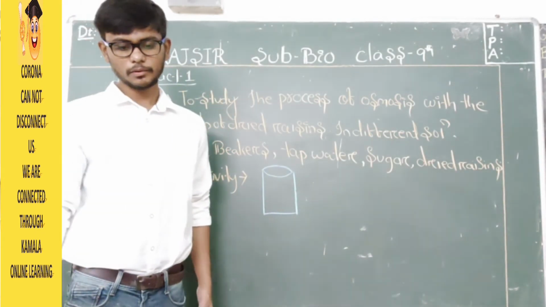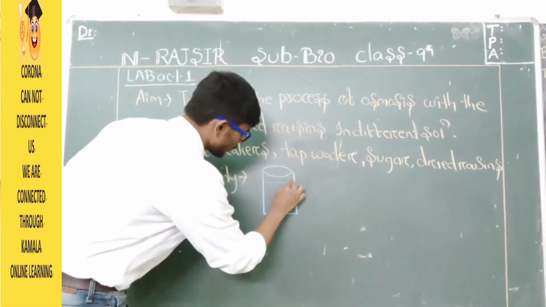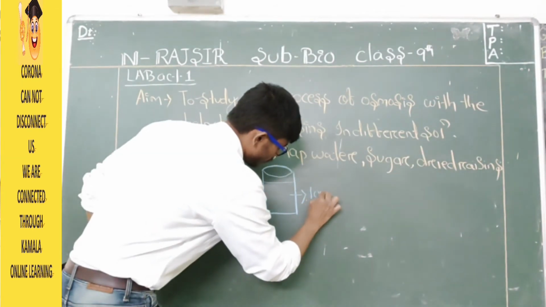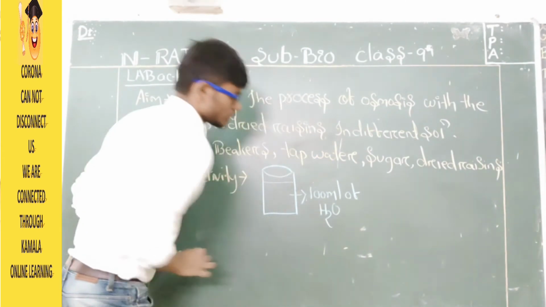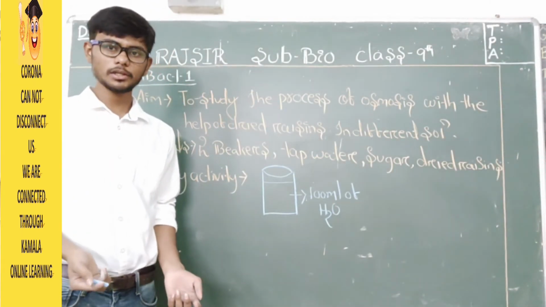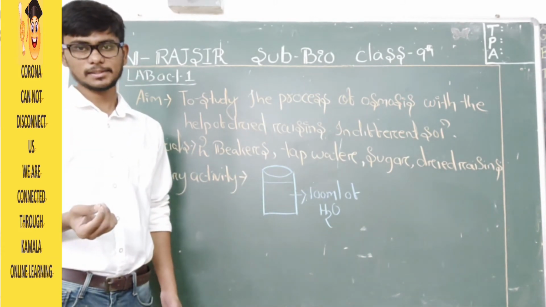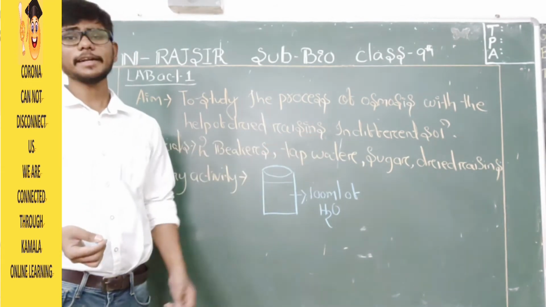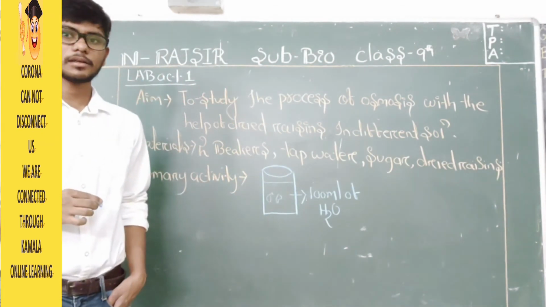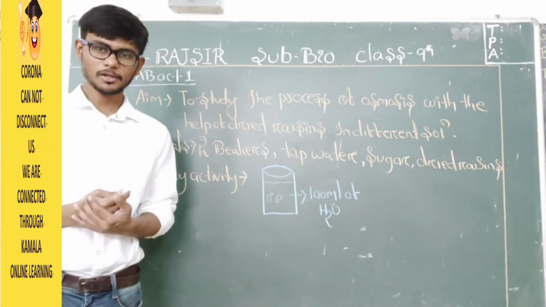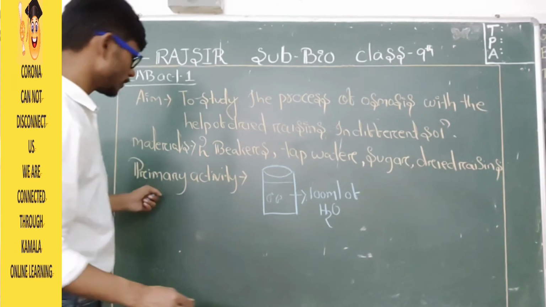In this beaker, we will put 100 ml of tap water. In this 100 ml of water, we will place kismis, or dried raisins. We place 2 dried raisins over here. We need to leave it overnight. Then observation. This is our primary activity.